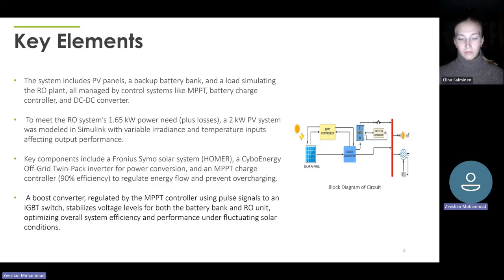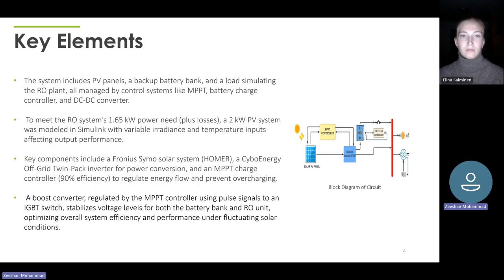Then we have a backup battery bank, which will enable our system to be powered during the night time when there's no sunlight, and can also power the system during cloudy weather when there's not enough sunlight. Lastly, we have the reverse osmosis plant. We also have some control systems involved like MPPT, which is maximum power point tracking, the battery charge controller, and the DC-DC converter.